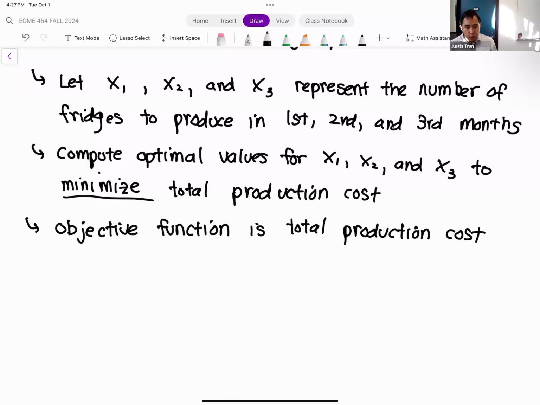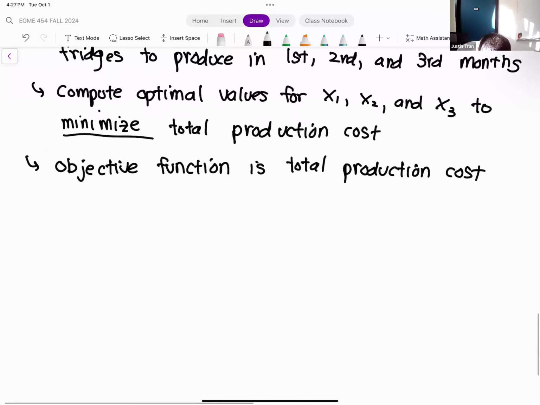So we have one cost associated with actually manufacturing the refrigerator each month, and we have the storage cost as well. So our total cost is going to be the sum of both of those things. So our objective function is f of x1, x2, x3.